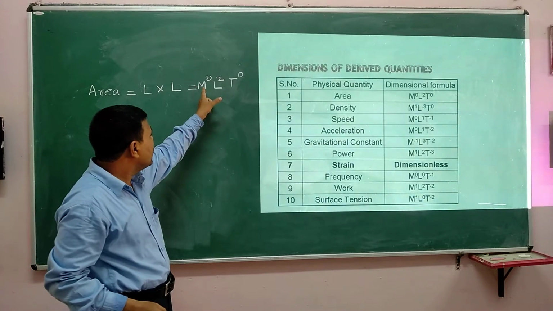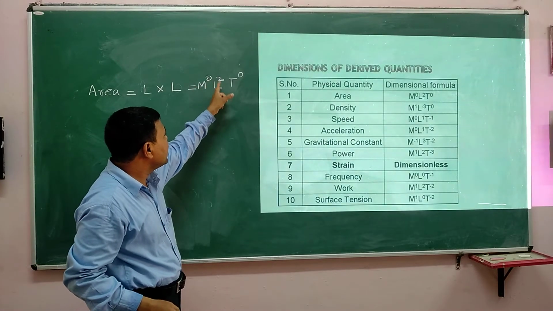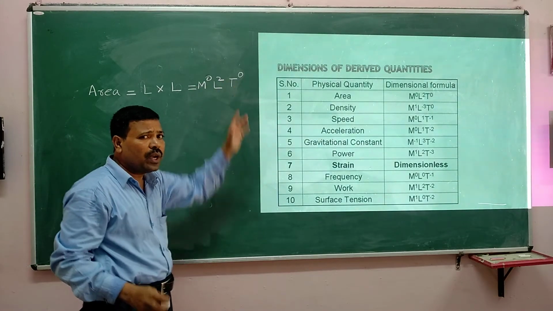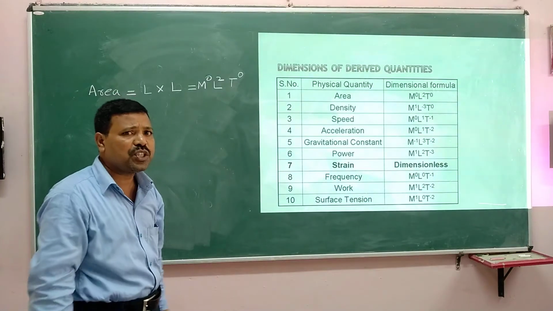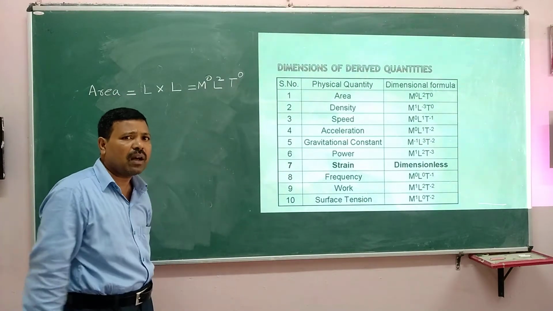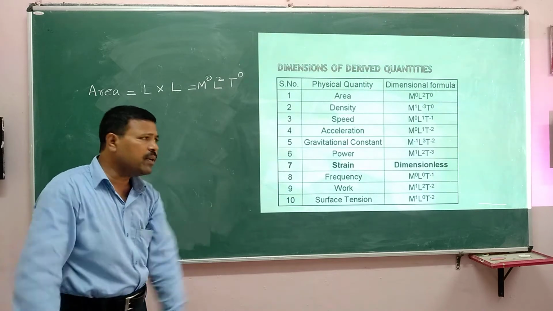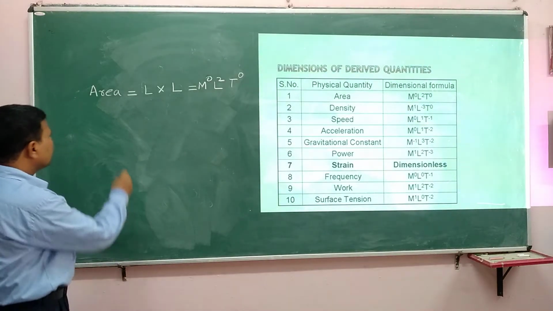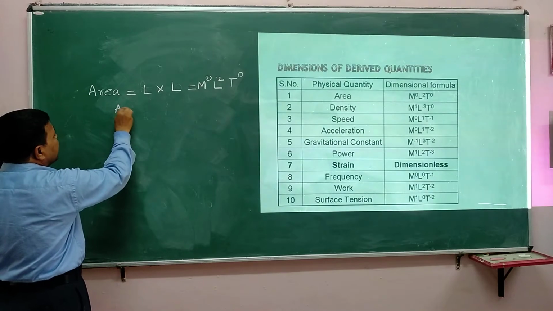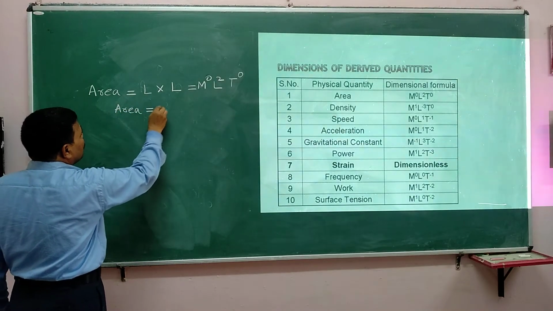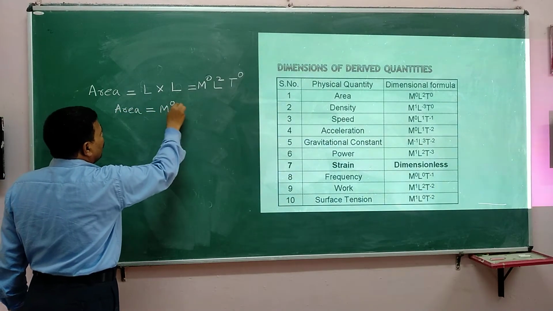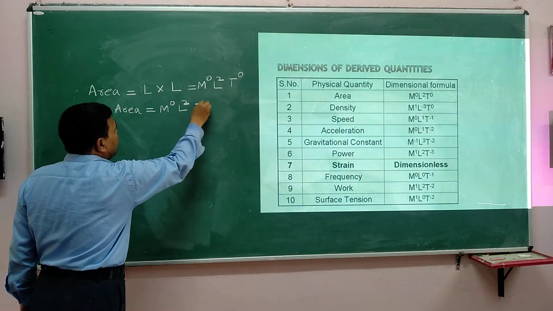Area is equal to M raised to 0, L raised to 2, T raised to 0, which is called the dimensional expression, dimensional formula, dimensional equation. So we write that area is equal to M raised to 0, L raised to 2 and T raised to 0.